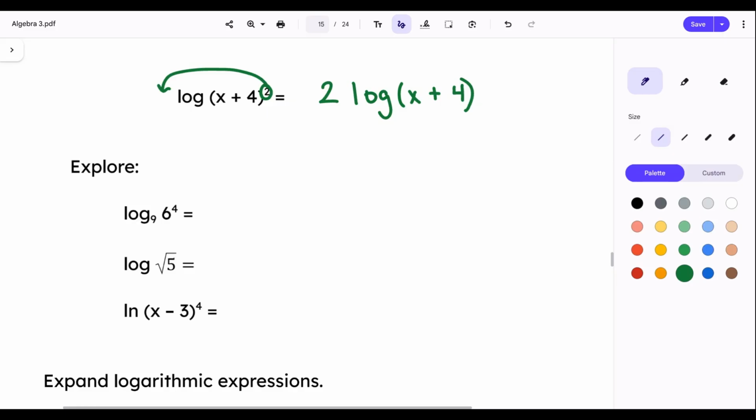All right, how would you rewrite the first one? Very good. What's the next one look like? Okay, so tell me where you got the number that you put in front of the log.